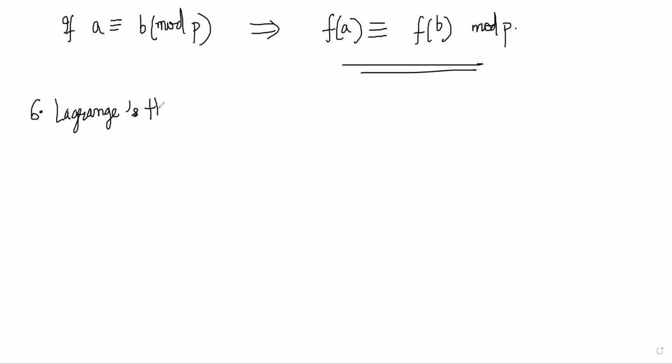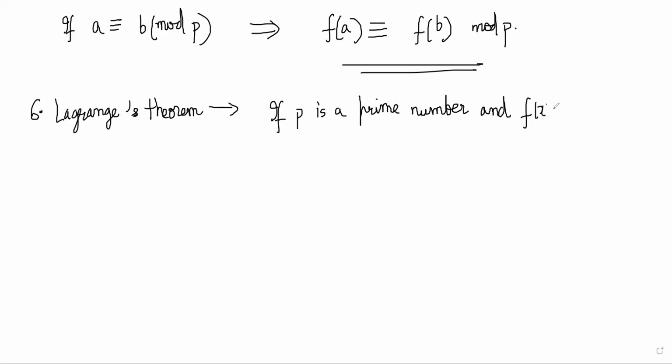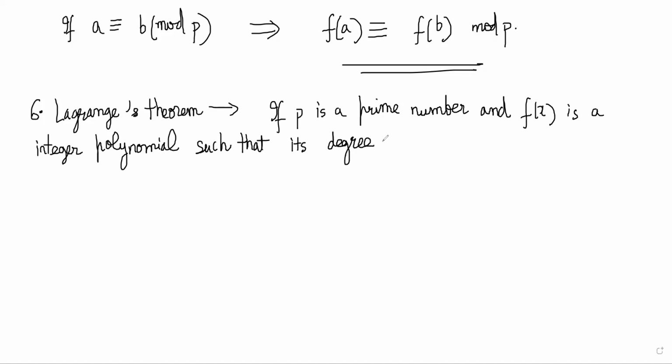So let's see what this says. Okay, so here if p is a prime number and f(x) is a polynomial with integer coefficients, an integer polynomial, such that its degree modulo p is n.